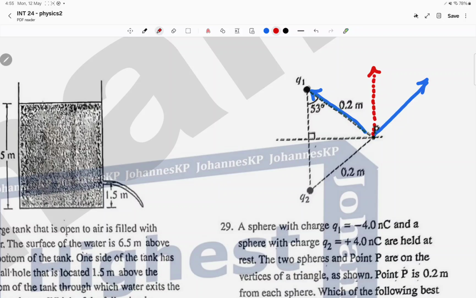Okay. So we can break the blue one to the right into the X component and the Y component. We can also break the other blue one into its X component and Y component. So the Y components have to be added up. Correct? This is 53. That's also 53.